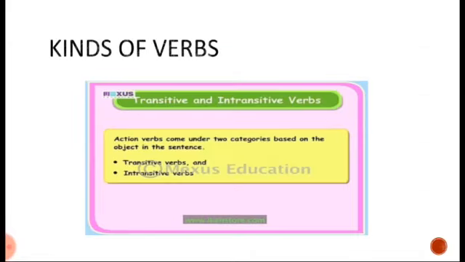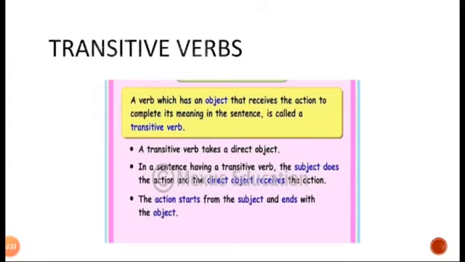Now, on the basis of object, the verbs are of two types, transitive verbs and intransitive verbs. So first of all, transitive verbs. What are transitive verbs? A verb which has an object that receives the action to complete the meaning is called a transitive verb.